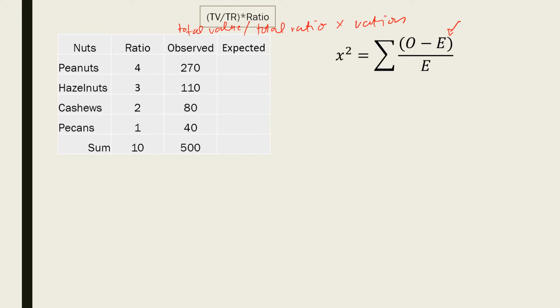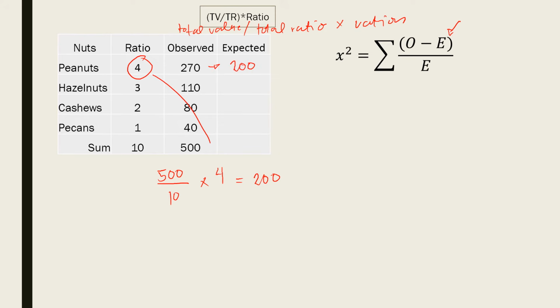For example, for peanuts, the total value is 500, divided by the total ratio, which is 10, times our ratio, which is 4. That would get us an expected value for peanuts of 200.